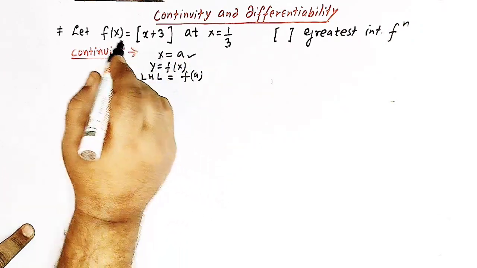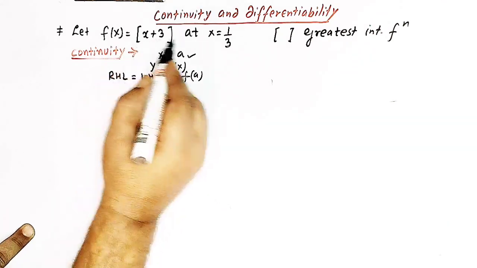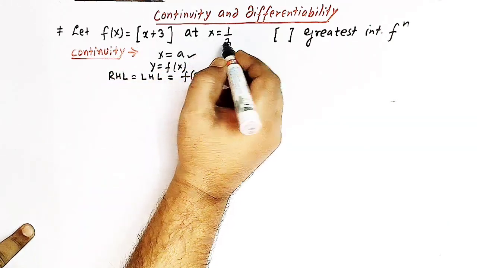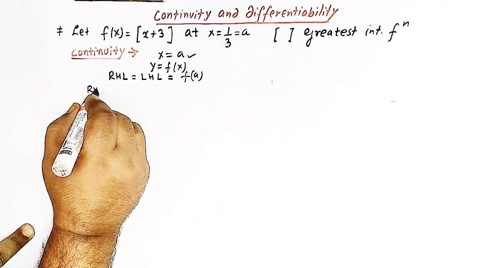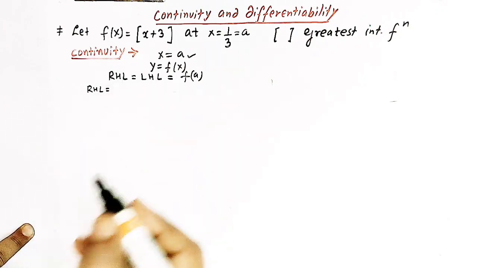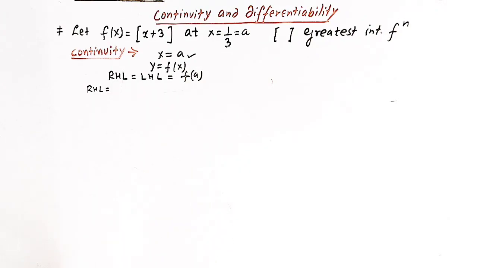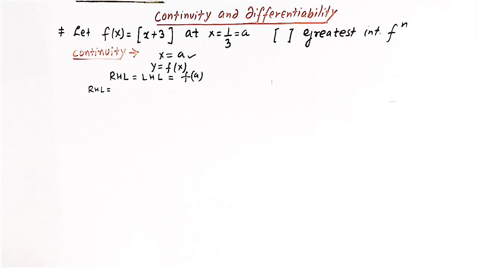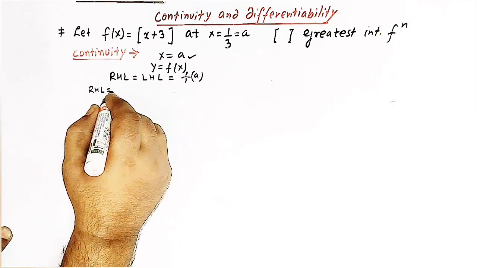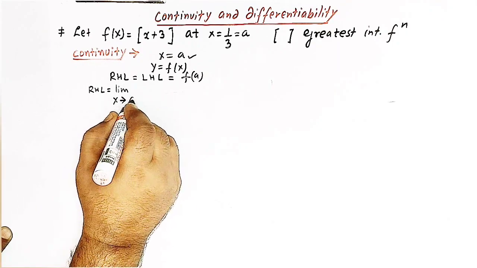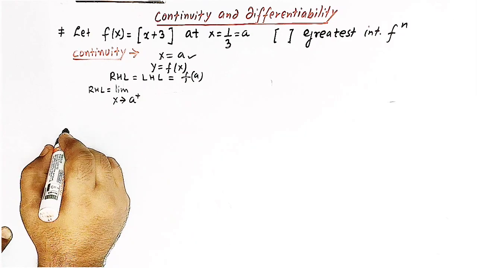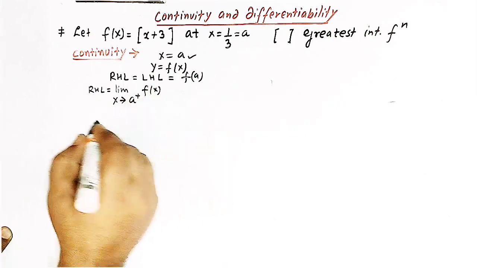In our case we are given this function and the point x is equal to 1 over 3 is a. Let us first find the right hand limit, then the left hand limit, and then the value of the function at a is equal to 1 over 3. The notation for the right hand limit is limit x tends to a positive of f of x.